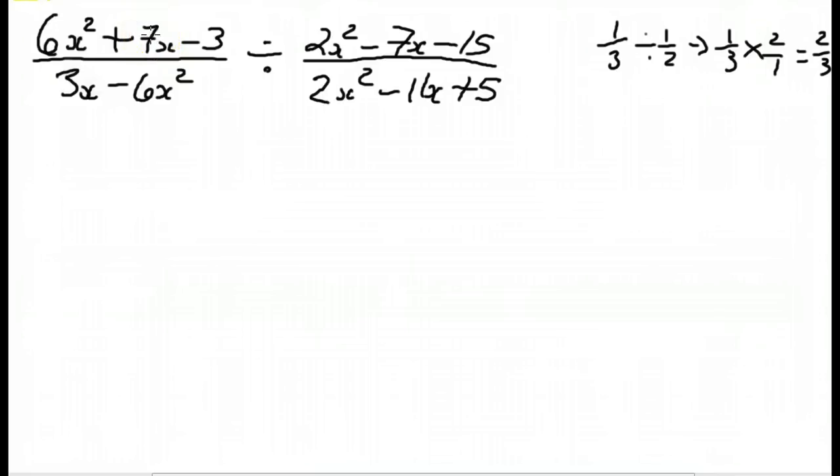Okay, so same thing's going to apply here. So the first thing I'm going to do is turn this into a multiplication. But there is one thing we'll have to keep track of when we go to find the non-permissible values.